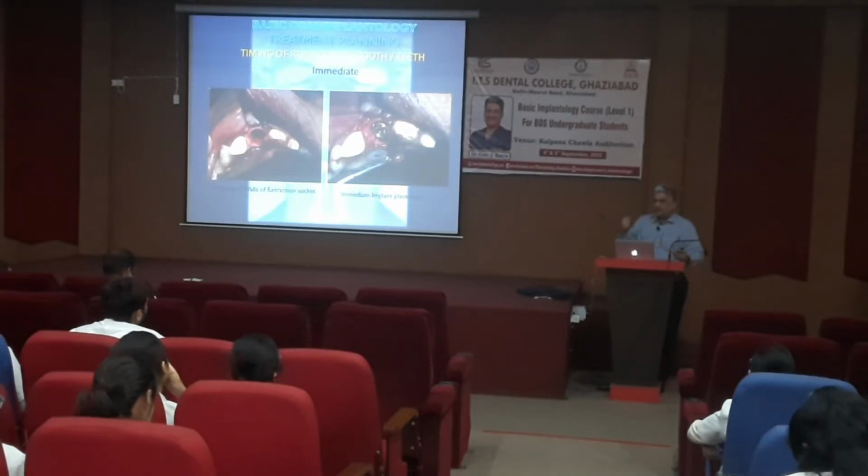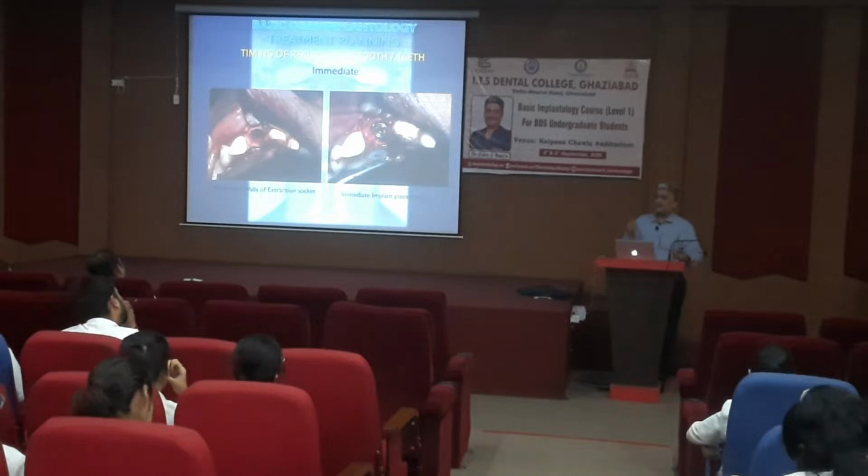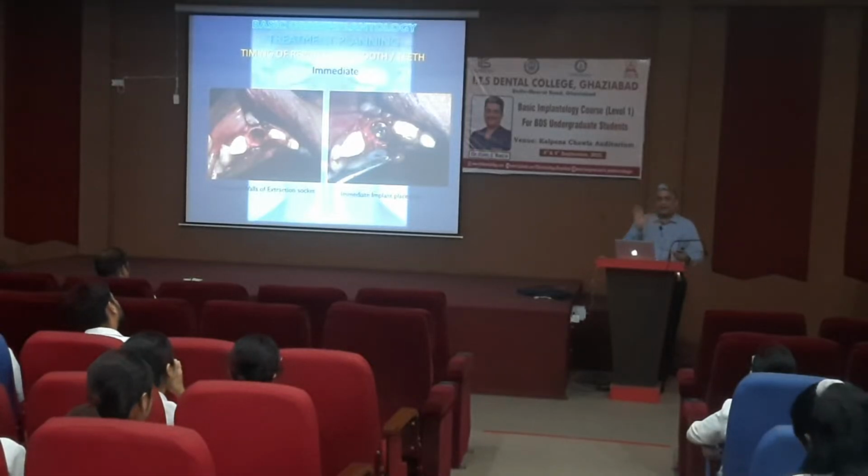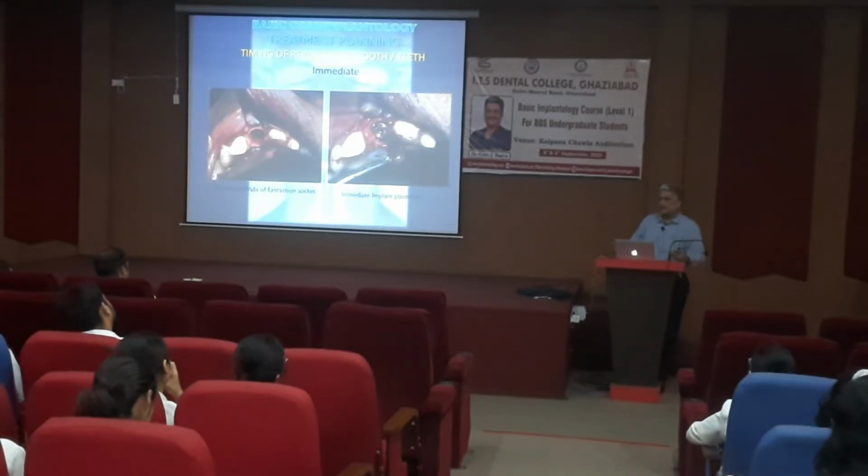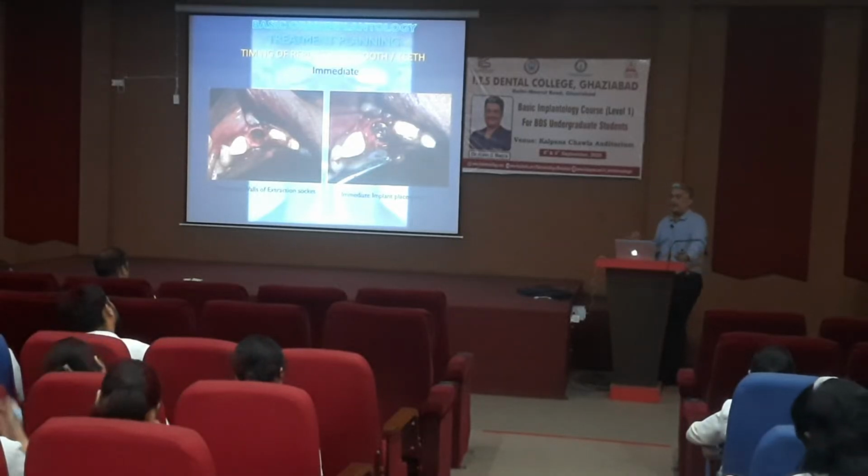The moment you do a buccal movement and you fracture the buccal plate outward, you will lose it. Within the first 4 to 6 weeks, you will lose that bone up to 40 to 50%. It's not my observation. It is there in the articles. So no, it has to be atraumatic.